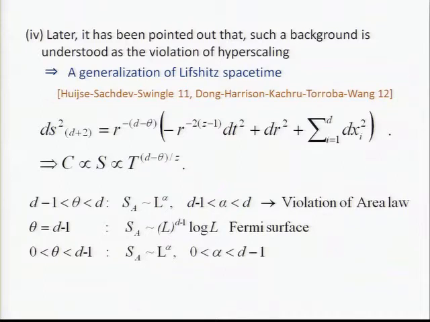It's some linear combination of z and theta. There are two parameters, z and theta, that are mapped to m and alpha in the previous. Alpha is d minus theta over z, right? It's the power of T in the specific heat, is it? Yeah, this is exactly alpha.